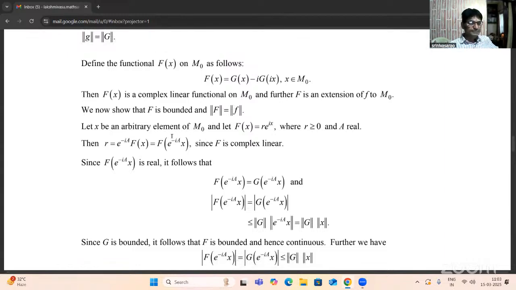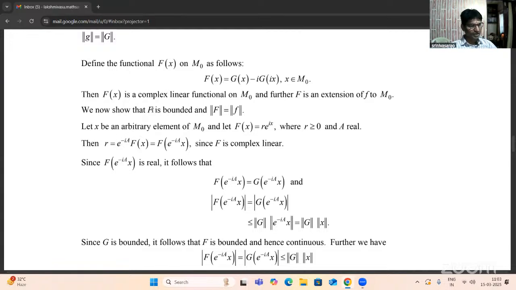So let x be an arbitrary element of capital M naught. Then capital F of x equals the arbitrary element r into e power i A, taking the polar coordinates. Here r is greater than or equal to 0 and capital A is real. So r equal to e power minus iA into F of x, that is capital F of e power minus iA of x.